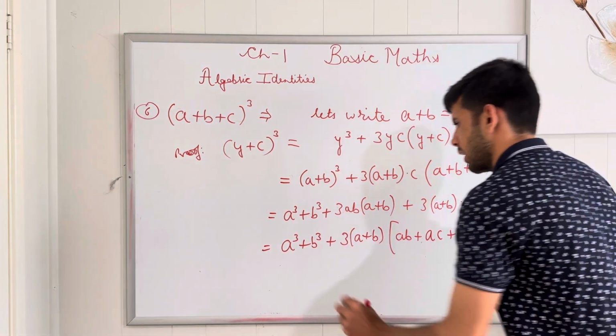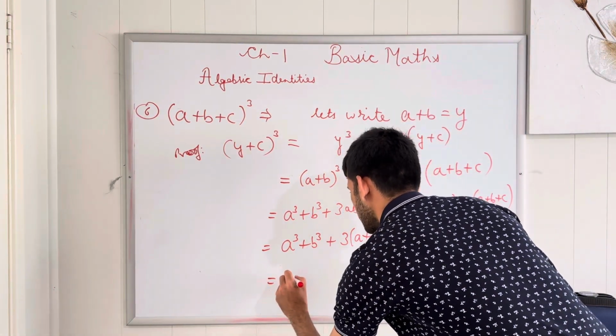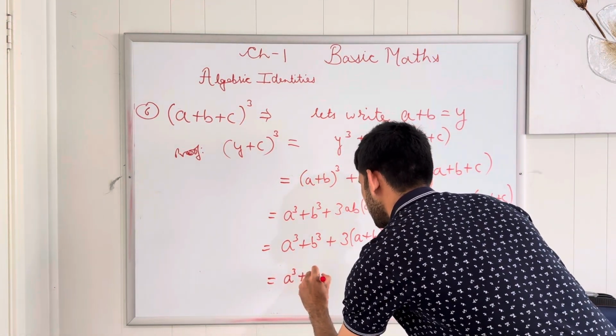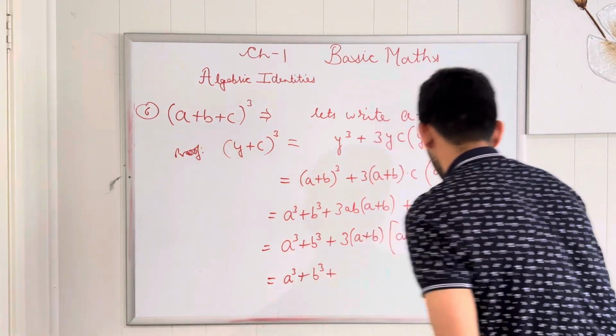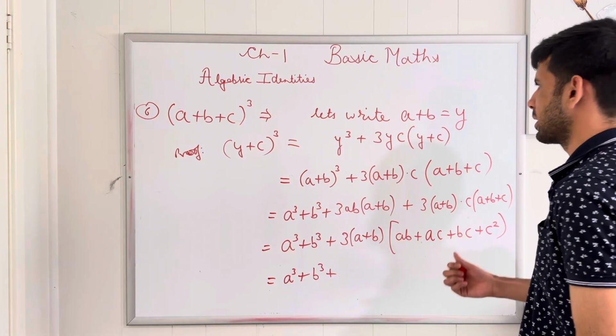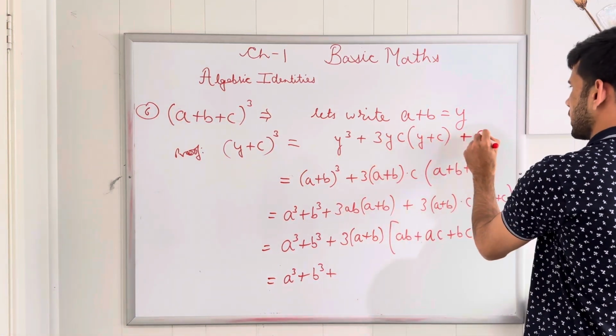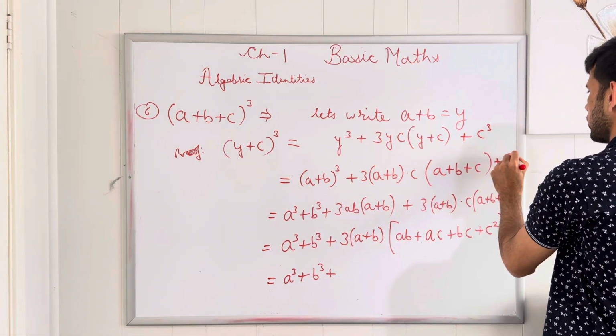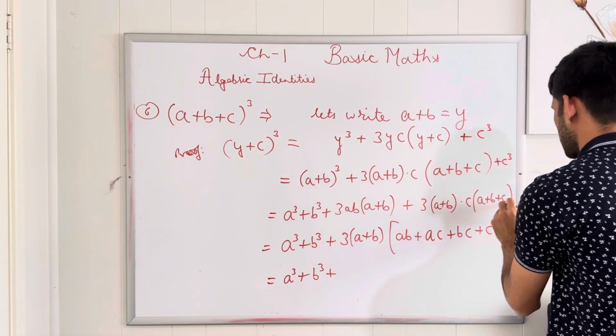Now if I'm solving it again, I get a cube plus b cube plus, sorry, this is c cube here, plus c cube.